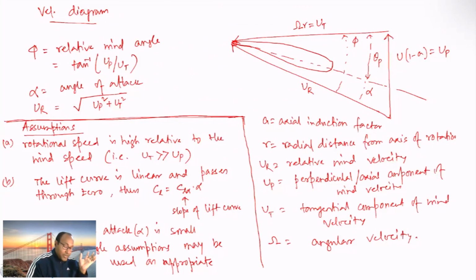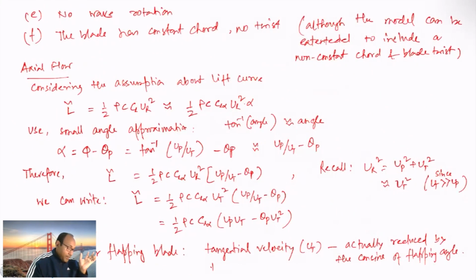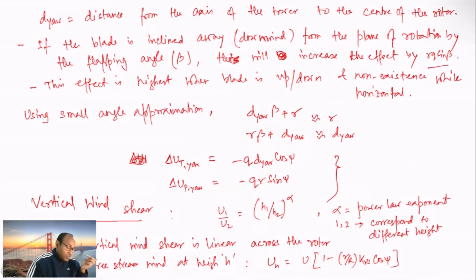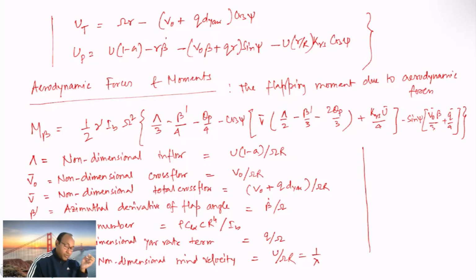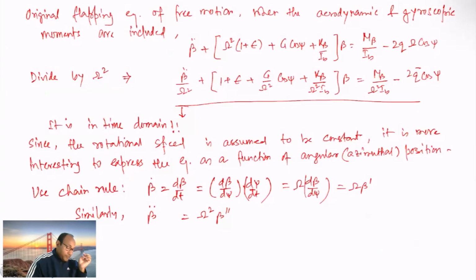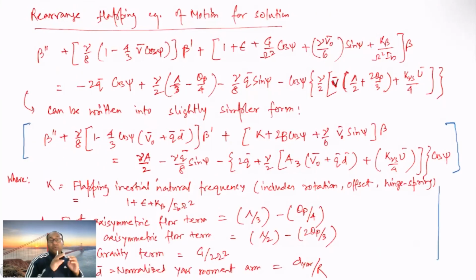This is the diagram that we started off with, and then finally we take care of crosswind effect, wind shear effect, yaw motions, vertical wind shears, all of these we have included, and then we got the flapping moment equation, and that also we derived component wise, and finally we reach this particular equation.